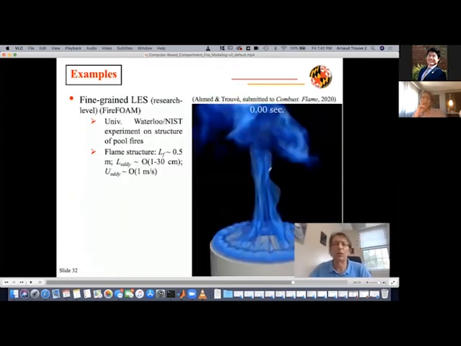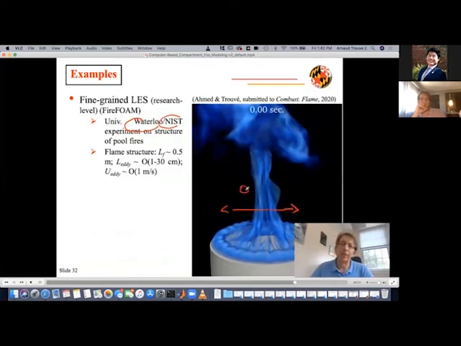Let me go for a second example. This is an example that simulates an experiment from the University of Waterloo in Canada that was also recently studied at NIST. And these experiments correspond to a methanol air flame.